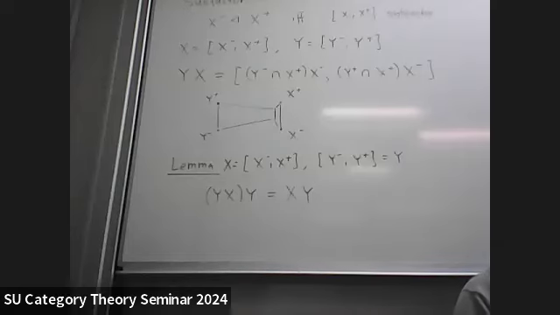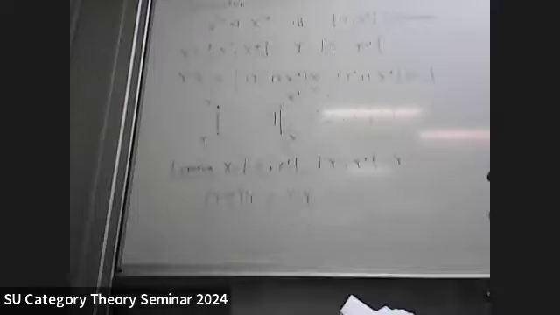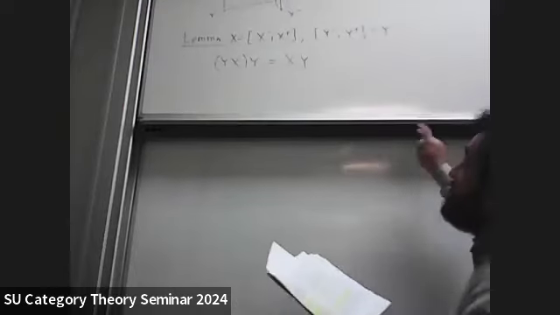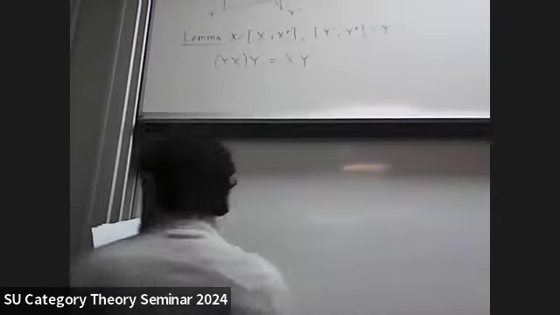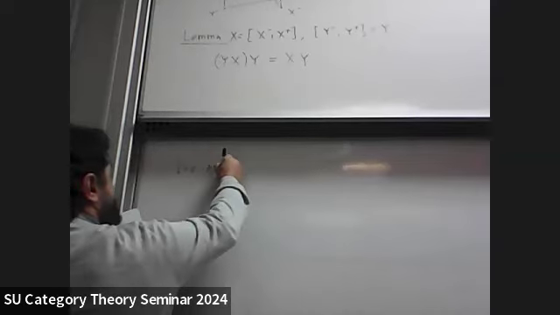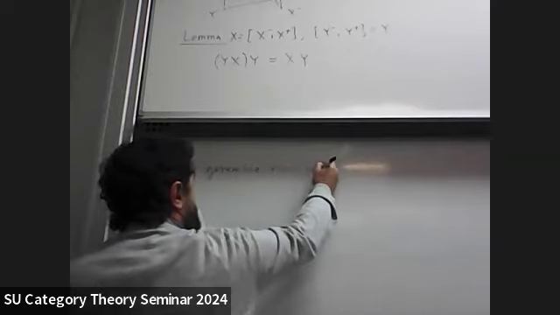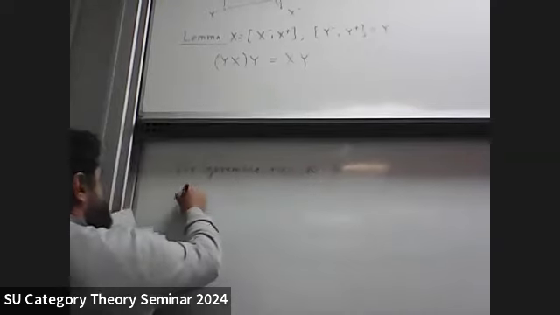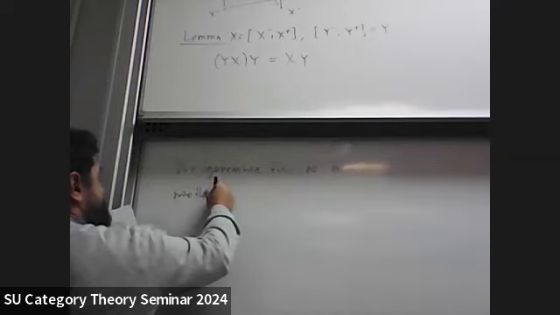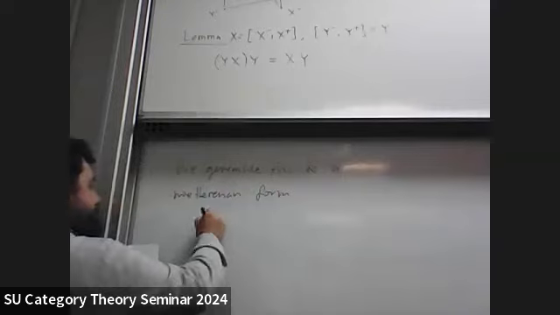Okay, so the context in which we're going to generalize Isbell's results is that of a noetherian form, which is a functor that abstracts the specific functor.